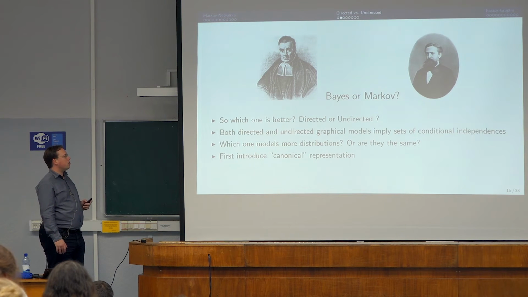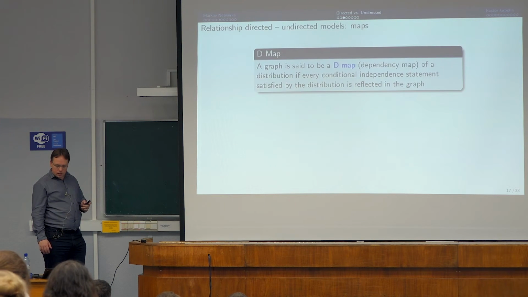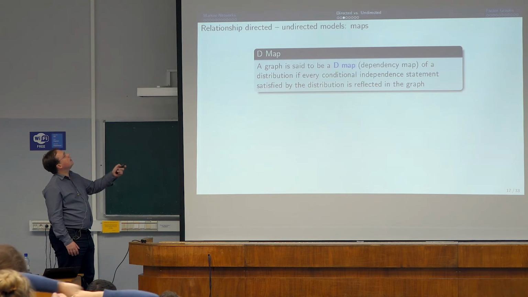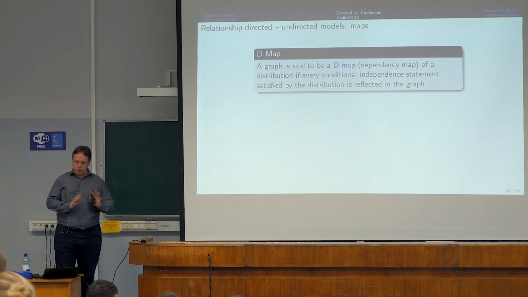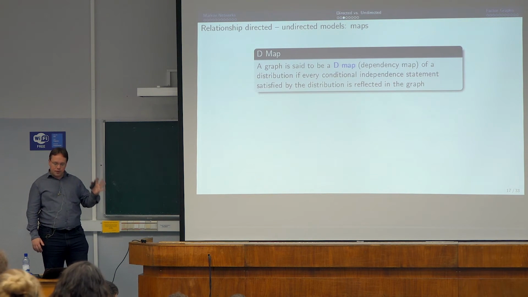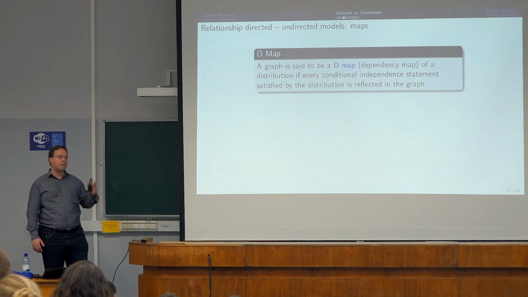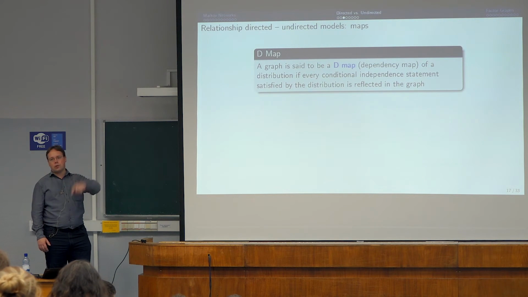Unfortunately, they don't. So in order to see that they are not exactly identical, let's come up with a canonical representation. So how does a graph and a distribution relate to each other? Given a distribution, we say that a graph is a dependency map of the distribution, which in other words, explains dependencies in a certain way, if every conditional independence statement of the distribution is also in the graph.